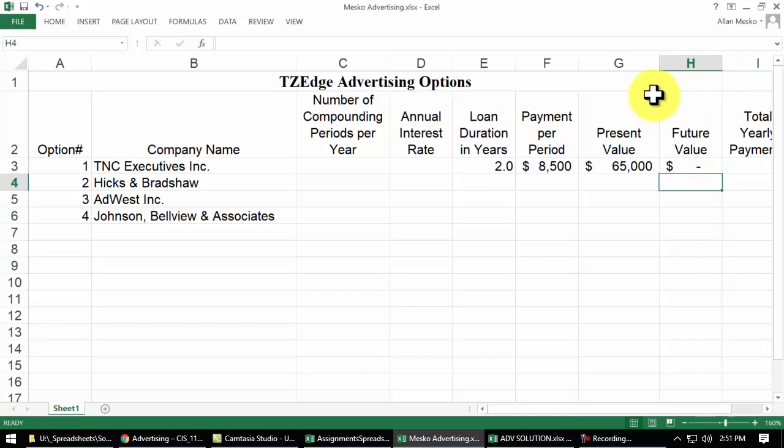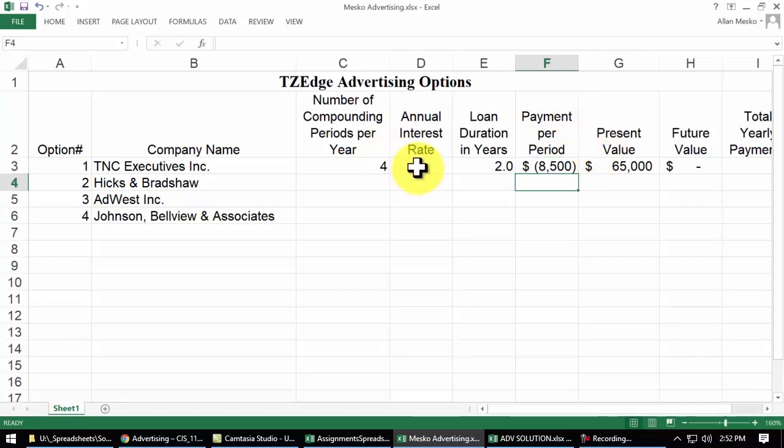And the number of compounding periods per year, this is done in quarterly payments. So what would the number of periods per year be? 4. That's exactly right. And one little thing, this payment is going away from us, so we're going to make that negative so that everything works out fine.